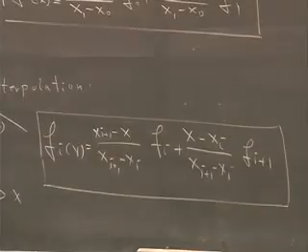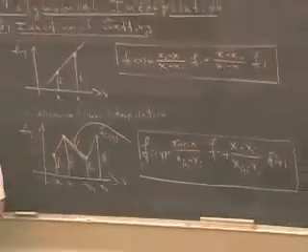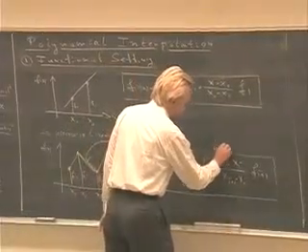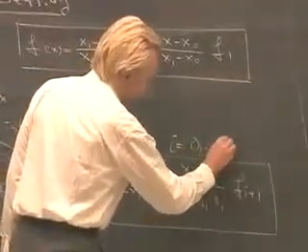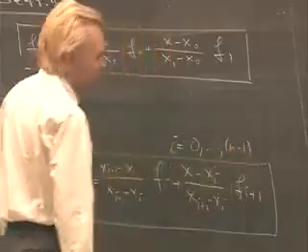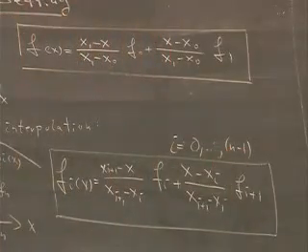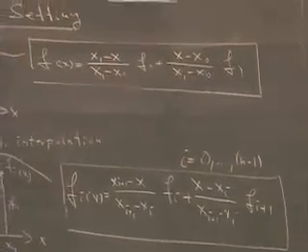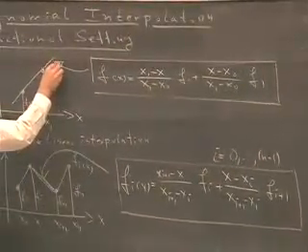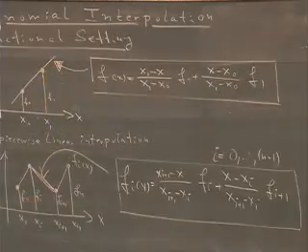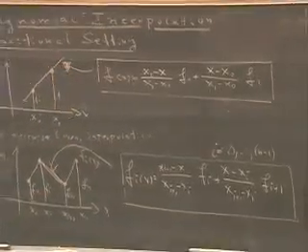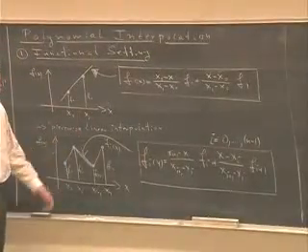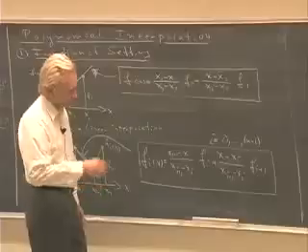And now you have n of those building blocks, one for each interval. So i runs from 0 up to n minus 1. So this is just drawing a polyline, nothing else.